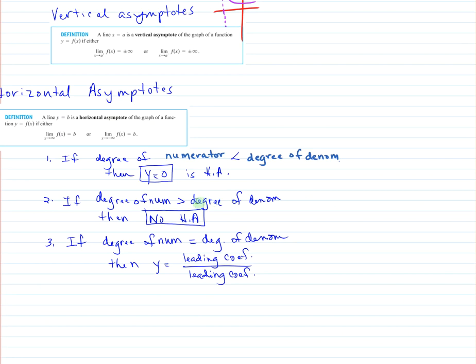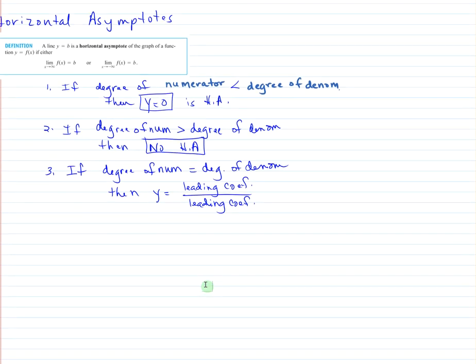And then I had already mentioned if the degree of the numerator is less than the degree of the denominator, then it's y equals 0. If the numerator is higher degree than the bottom, then you don't have one. And if they're the same, you have the leading coefficient over the leading coefficient. So those are remembering from algebra.